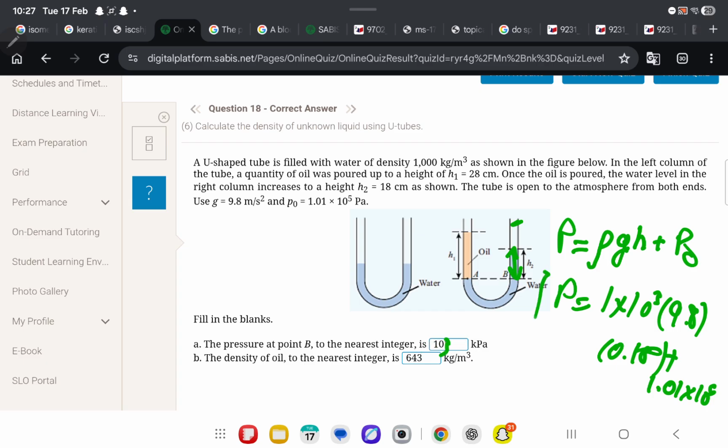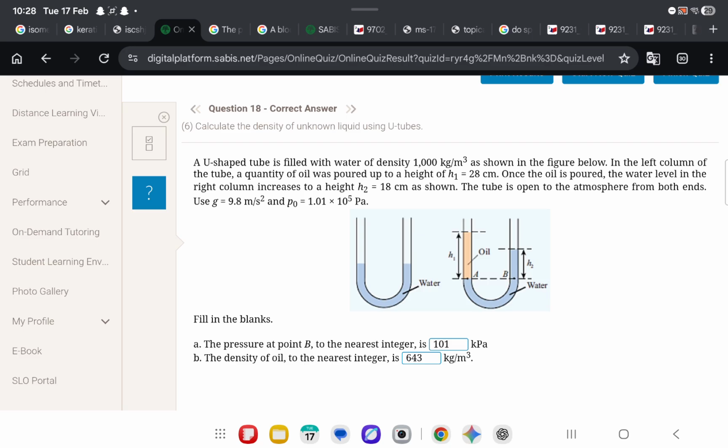Now the density of oil. Okay. For the density of oil, we know that at two points they have the same pressure, right? So PA equals PB. Now, for PA, the density is different, right?